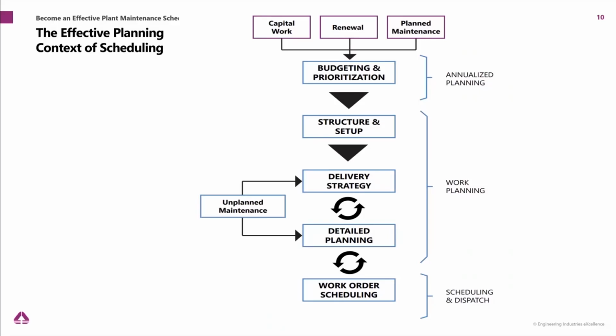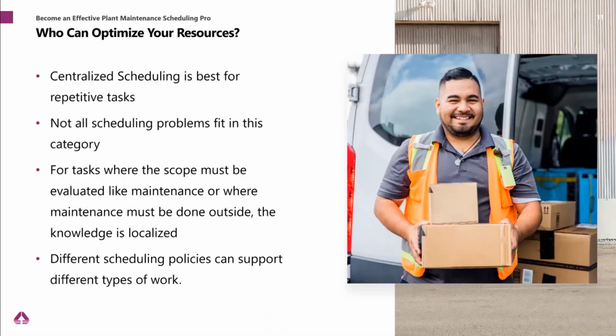So one thing we need to bear in mind then, on the last slide we looked at the business process that would be in place to support scheduling resources. Who can optimize your resources? In some cases, centralized scheduling is best for more repetitive tasks.